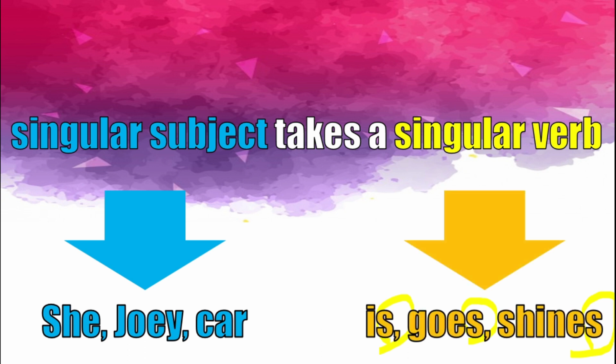What are the singular subjects? And what are examples of singular verbs? Here you can see some of the examples. For singular subject, we have pronoun she, we have the noun Joey, we also have the noun car. For singular verbs, again, they always end with S. Is, goes, and shines.